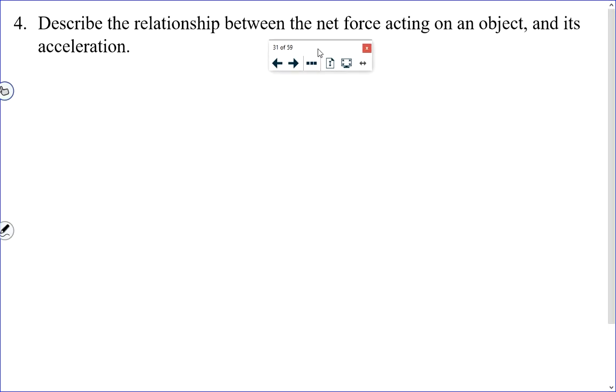So now we want to talk about the relationship between the net force that is acting on an object and its acceleration. And in science, it's important that whenever you talk about a relationship between two variables, you keep everything else constant.